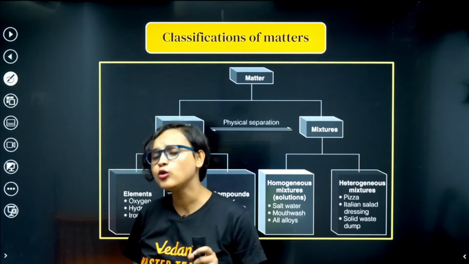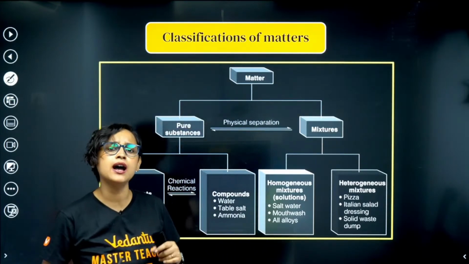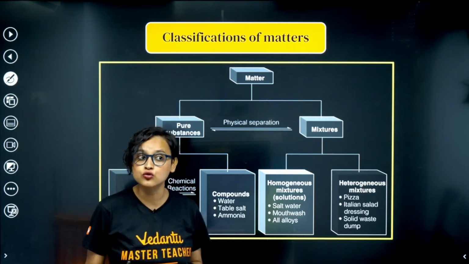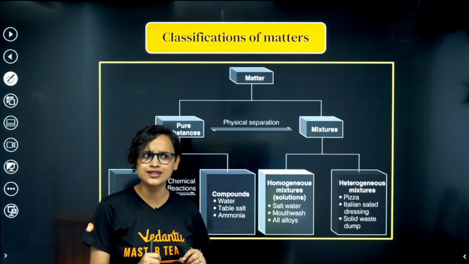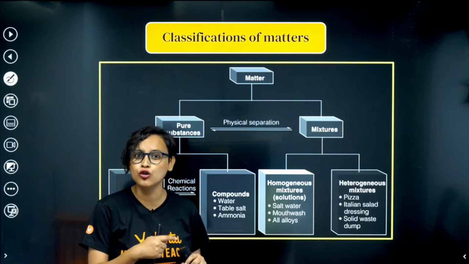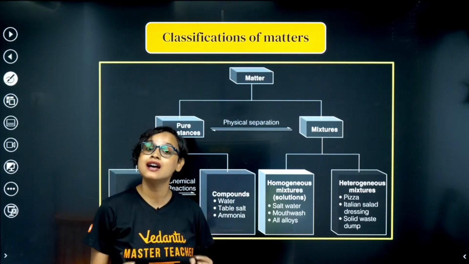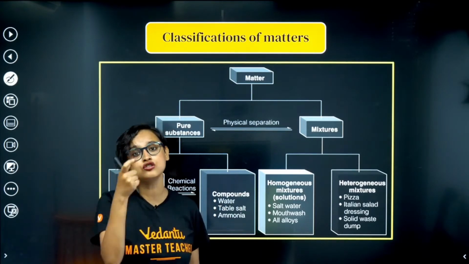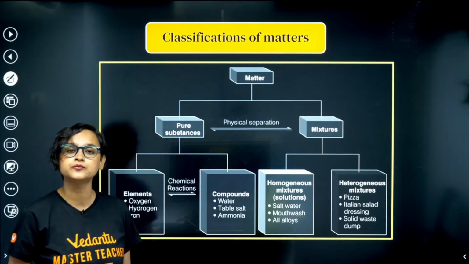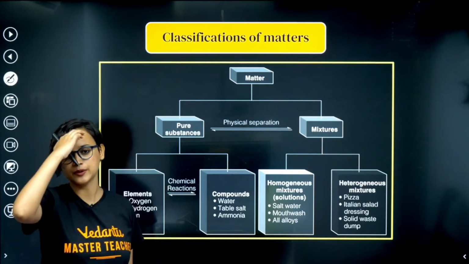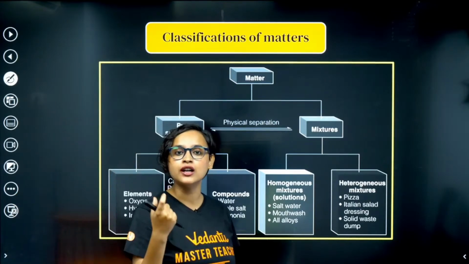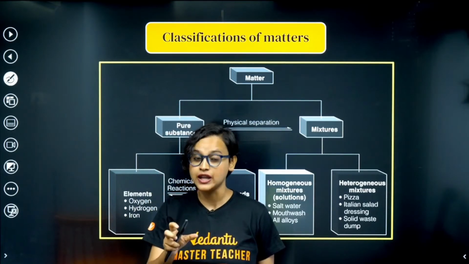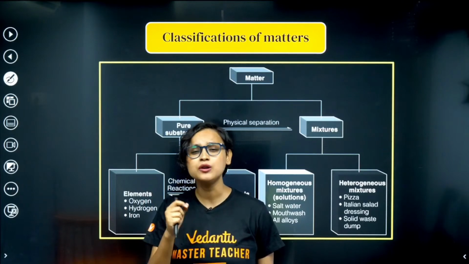Now in compounds, we can have this doubt: ma'am, compounds means NaCl, sodium chloride, or H2O, or carbon dioxide. You just now said that pure gold has only gold atoms, nothing else. Then how come when you are saying H2O, there is hydrogen also, there is oxygen also, how is this pure? Okay, listen to me. When we say that compounds are also pure, I mean to say that, let's say that I want to drink some water. And when I want to drink some water, I want pure water.